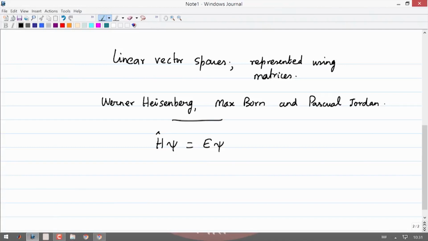Then you will see that the function psi is known as the eigenfunction, and the quantity E, which is a constant and which has the dimensions of energy, the total energy, is known as the eigenvalue. Therefore, whatever we do today and in the next few lectures will be very important in understanding the solutions of the Schrodinger equation using matrix methods.